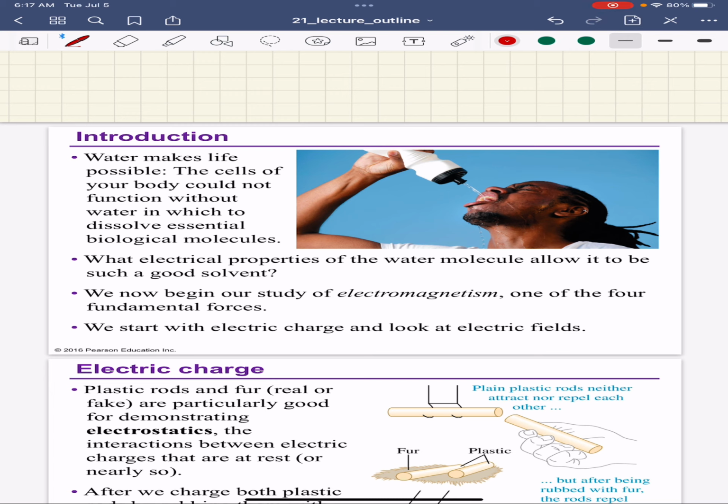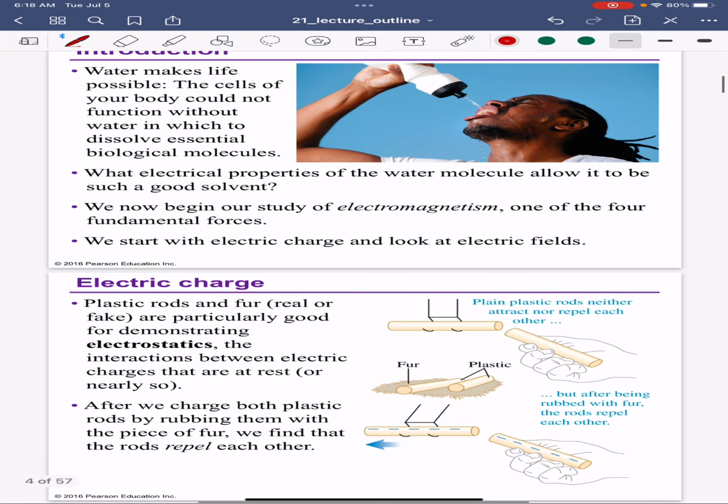The strongest is the strong nuclear force, the second in strength is the electrostatic force, the third is the weak nuclear force, and the weakest is the gravitational force. We will start with the electric charge. We are going to look at how we can charge objects, some ideas about how to charge objects, and how to calculate forces between charged objects and the electric fields.